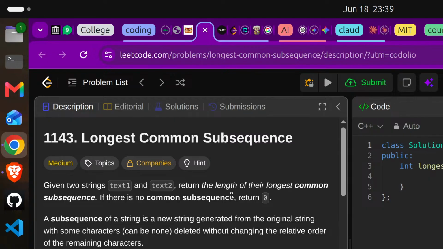Alright, this will not work. If s1 i is s2 j, then return 1 plus, not 1 plus, I think s1 is i minus 1, we are going from top to down, j minus 1, comma, count plus 1, right.